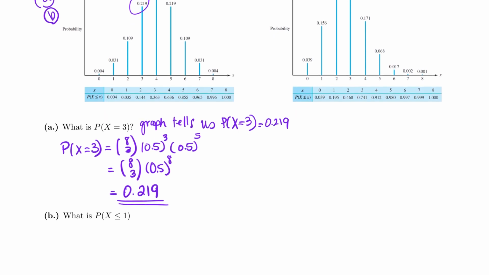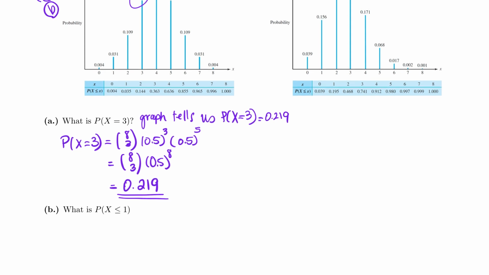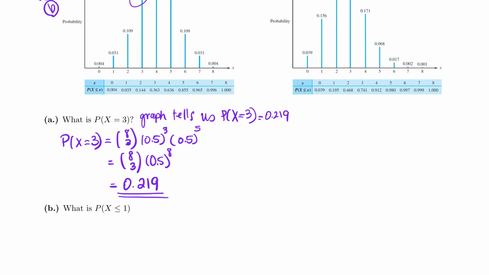If we wanted to find the probability that our number of successes is less than or equal to 1, we have to keep in mind that there are only 2 ways for our number of successes to be less than or equal to 1.